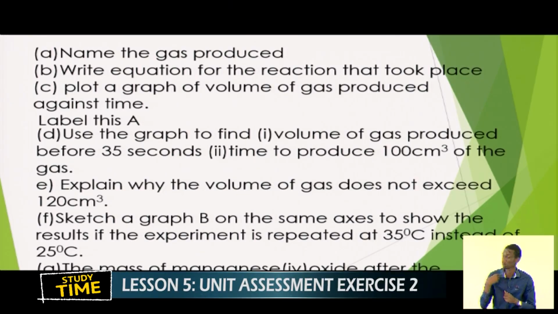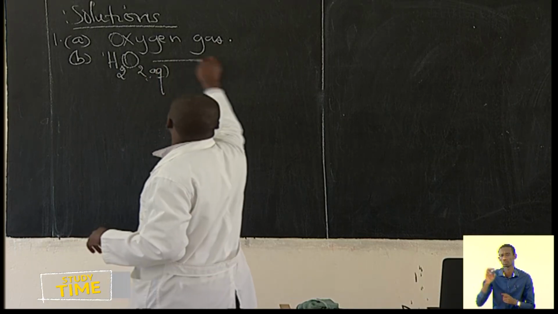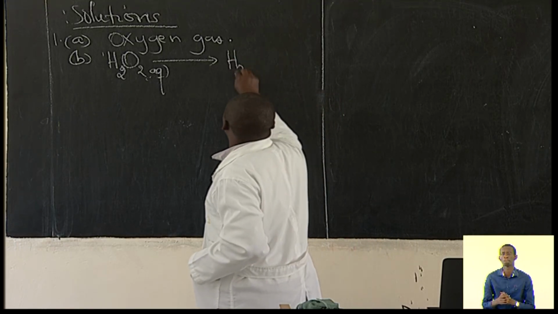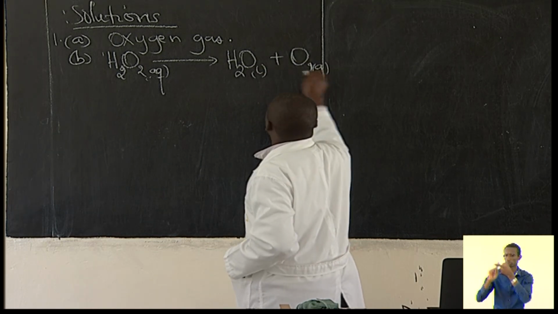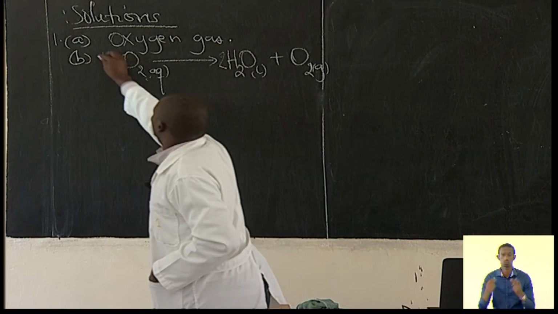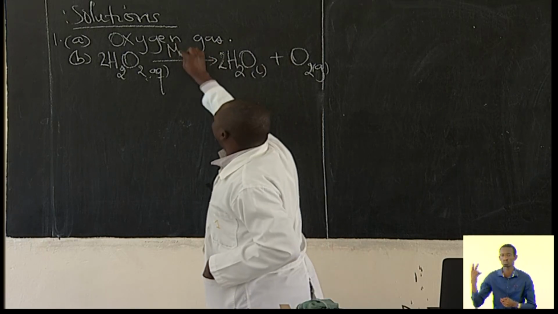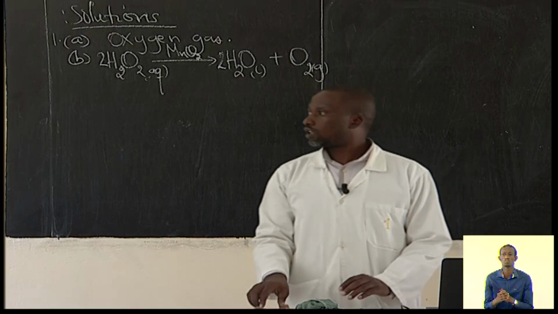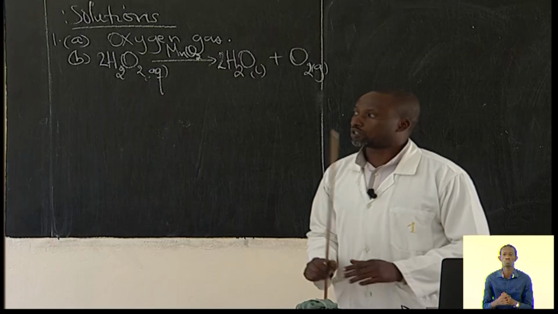The 20 volumes of hydrogen peroxide decompose into water plus oxygen gas, that is 2H2O2 giving 2H2O plus O2, with manganese 4 oxide. That is the reaction showing the decomposition.